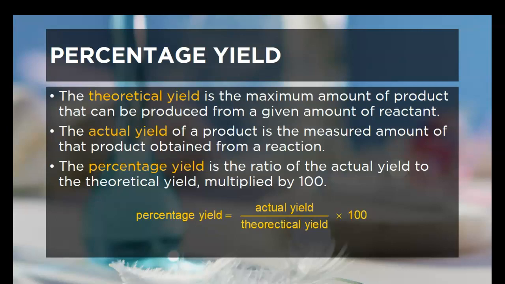But then to find that, you're going to take the actual number you got divided by theoretically what you should get if you studied. That's going to be your percentage. So just like a test score. And same in lab, if you were supposed to get this much copper, but you only got this much copper, the percentage is how much you actually got divided by how much you should have gotten.